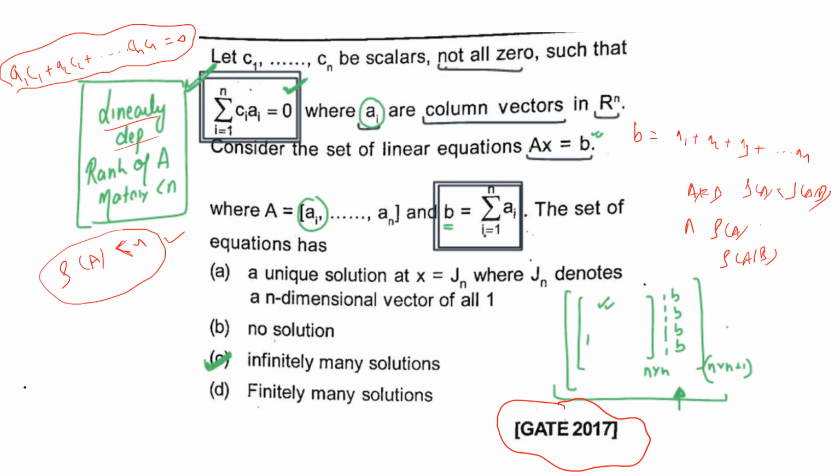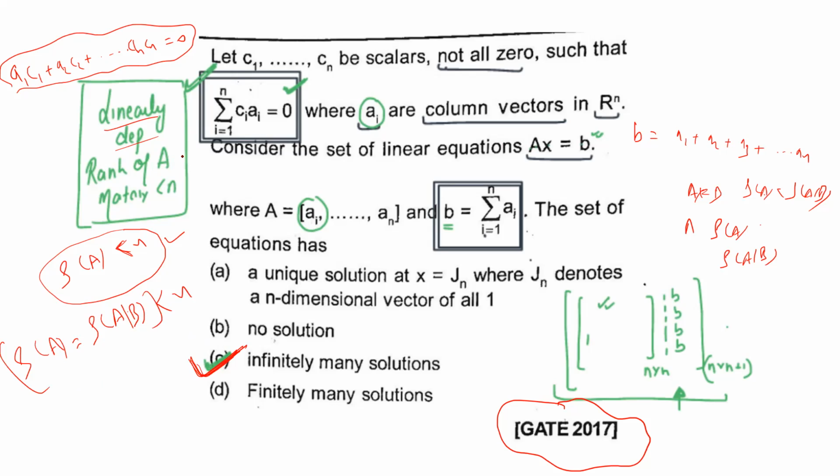The given answer is an infinite number of solutions. An infinite number of solutions is possible when the rank of A is equal to the rank of the augmented matrix, which will be less than n.